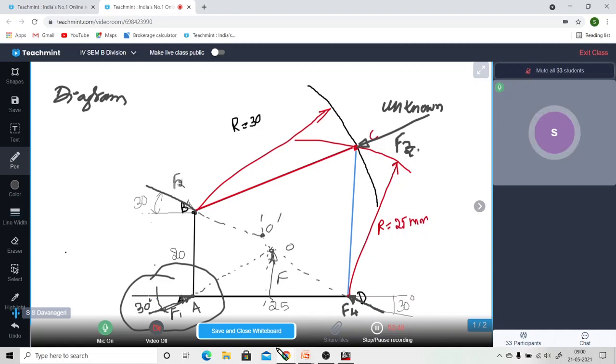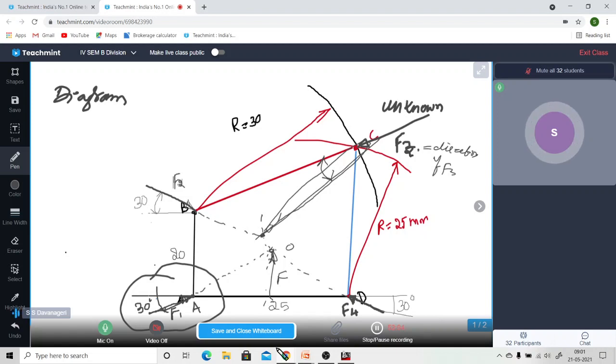Now from this point you just join the line here. So now this will give the direction of force F3.